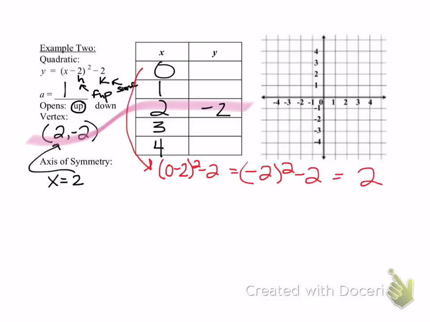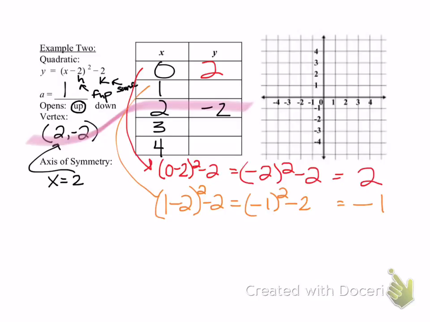Then we've got 1 that we're going to plug in. So that's (1 - 2)² - 2. Okay, so we can see that that's (-1)² - 2, which gives you -1. So this one is a -1.